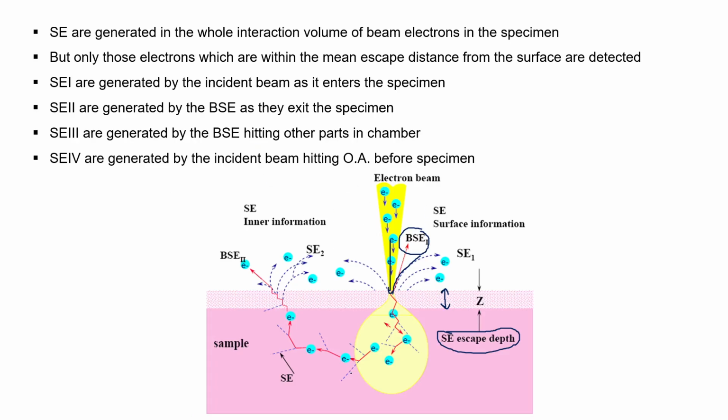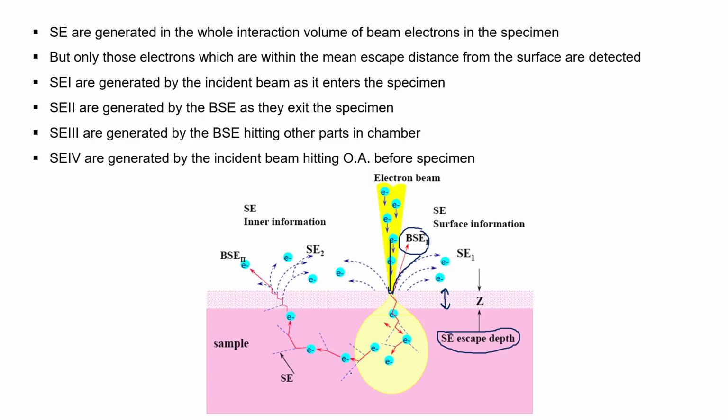This whole thing is present in a vacuum chamber. If the back secondary electrons are hitting other parts, the secondary electrons can't hit because they have lower energy, but the back secondary electrons can hit other parts of the chamber, and if those parts generate secondary electrons, they are known as SE3 electrons. SE4 electrons are the ones generated by the incident beam while hitting the objective aperture, before even hitting the specimen.